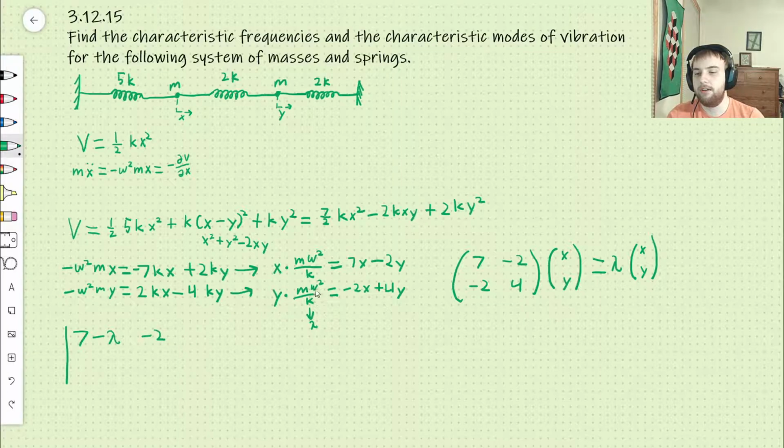Similarly down here, the negative 2x would stay the same, but if we want a 0 on this side of the equation, this would be 4 minus our lambda times y.